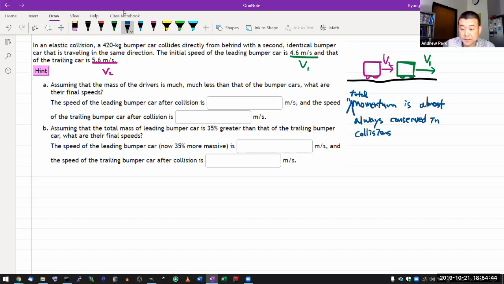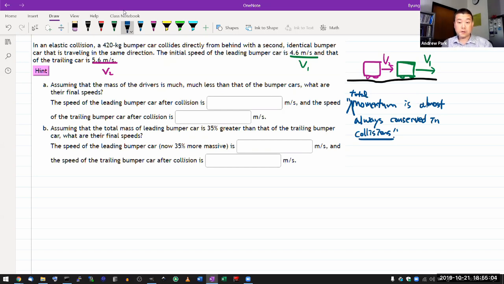There might be some exceptions, especially if you're leaving out interacting objects, like you have a ball that's colliding with a wall and you ignore the momentum of the wall. Then sure, you have external force that's pretty big, so momentum is not conserved.